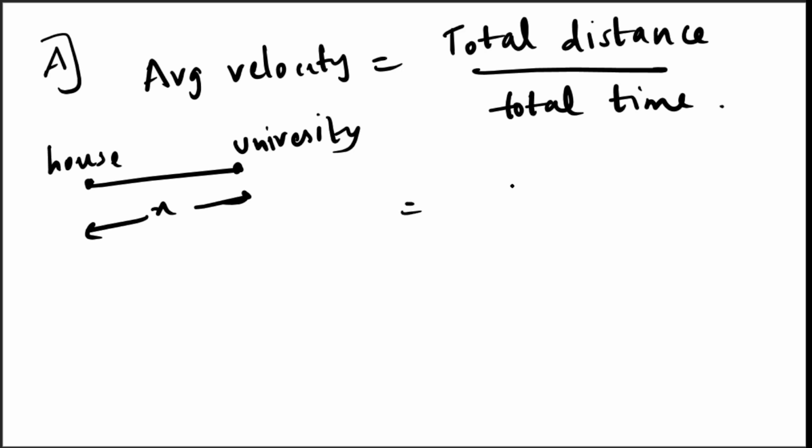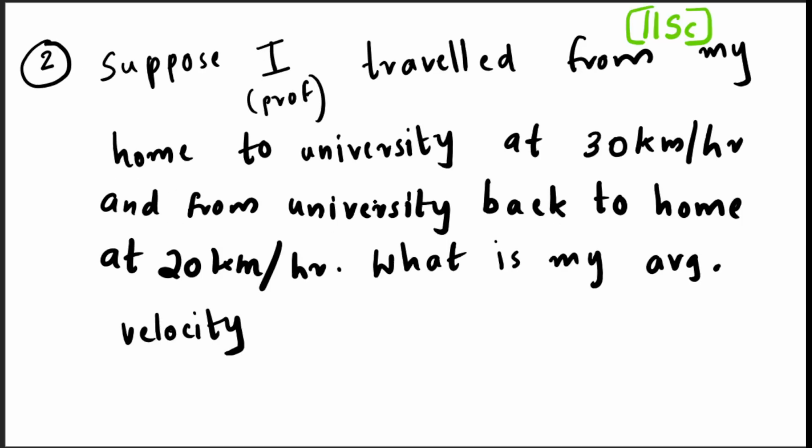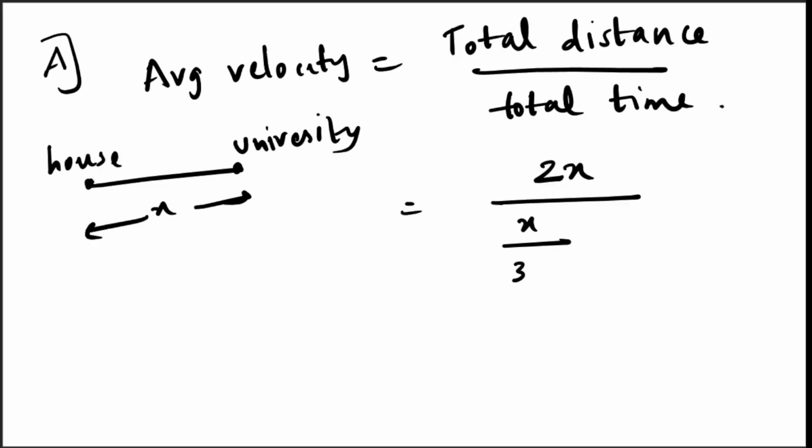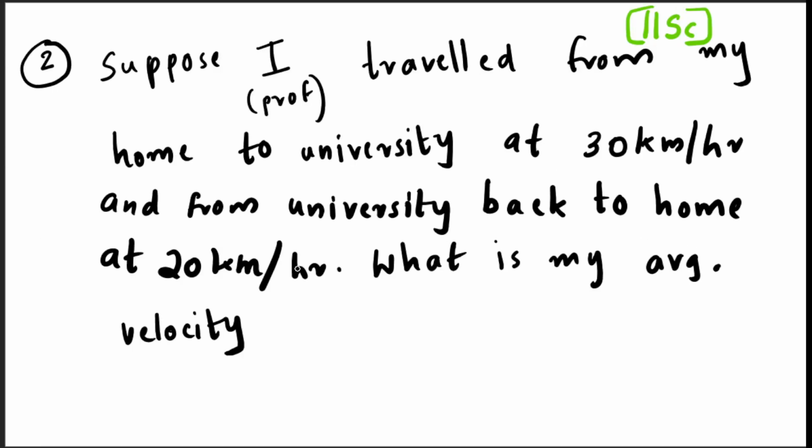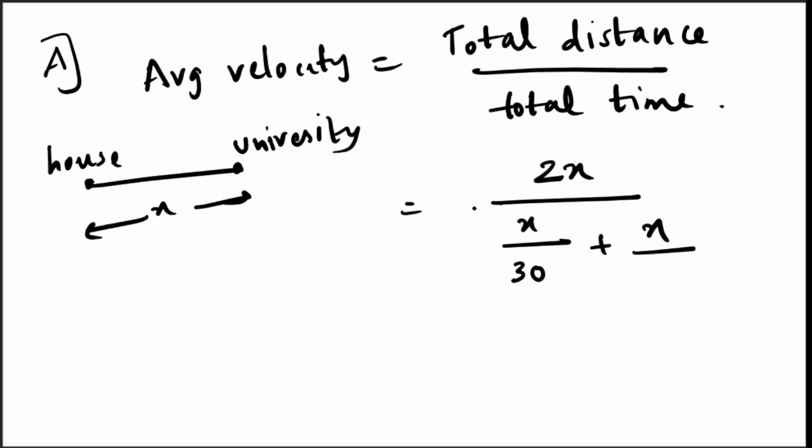So the total distance from house to university and back will be 2x, right? 2x divided by total time taken, which is x by 30 plus x by 20, where the velocities are 30 km per hour and 20 km per hour.